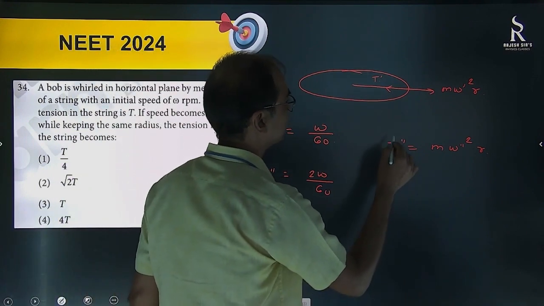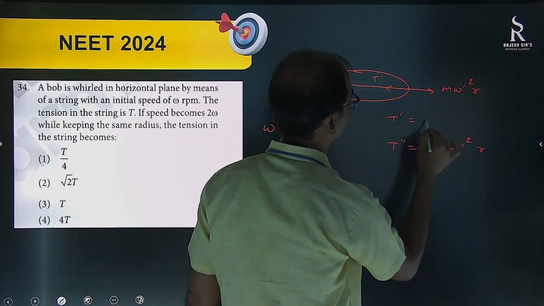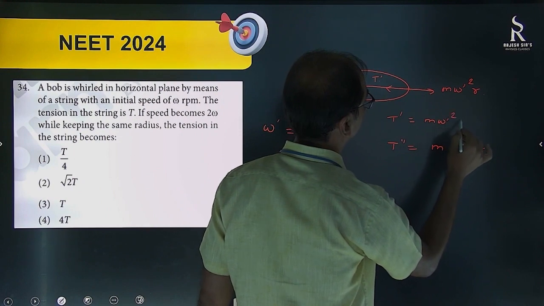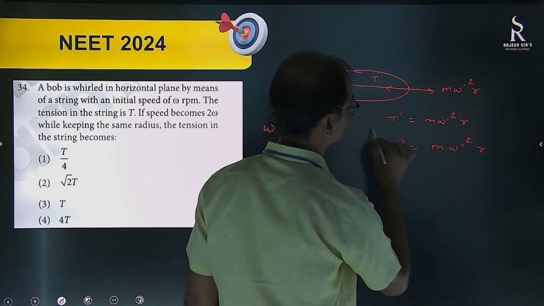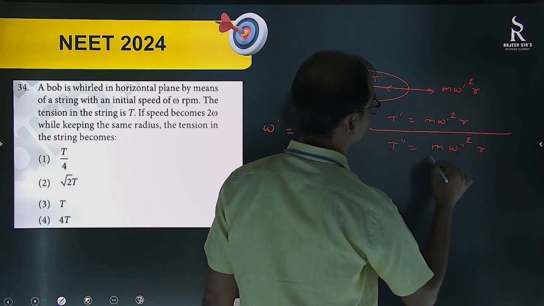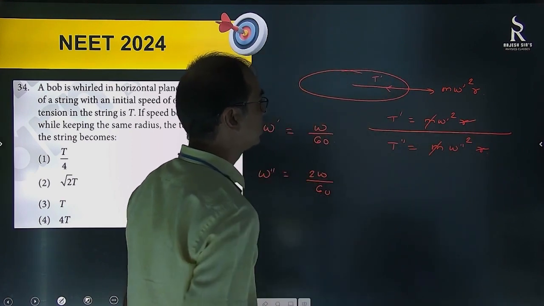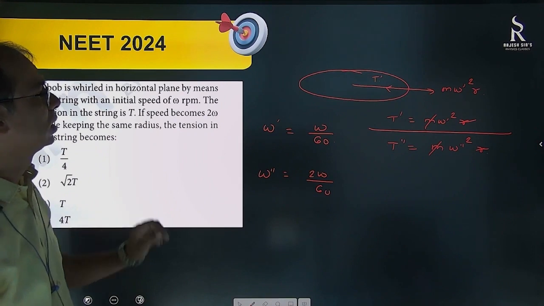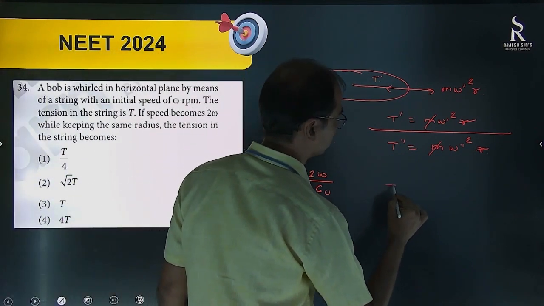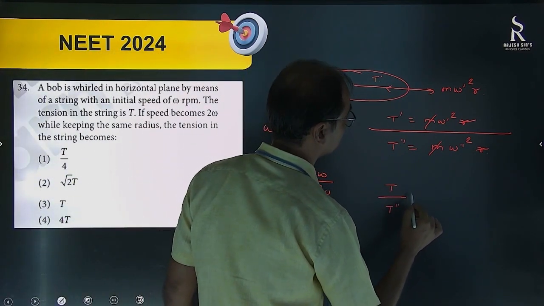Okay, T dash value is m omega dash square r and here T double dash. So let's take this. This m cancelled, this r is cancelled. T dash value is given to you as T only. So T by T double dash equal to omega dash square.